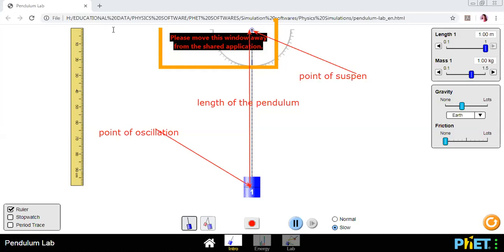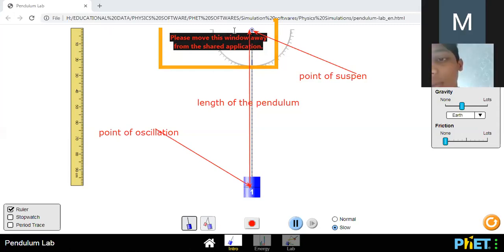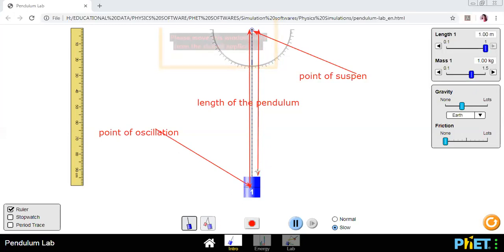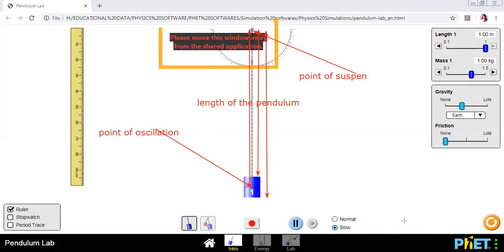You may say, sir, this can also be the length of the pendulum. No, this is not the length of the pendulum. Why? Because it is not from the center, just from the beginning. And even this is not the length of the pendulum.